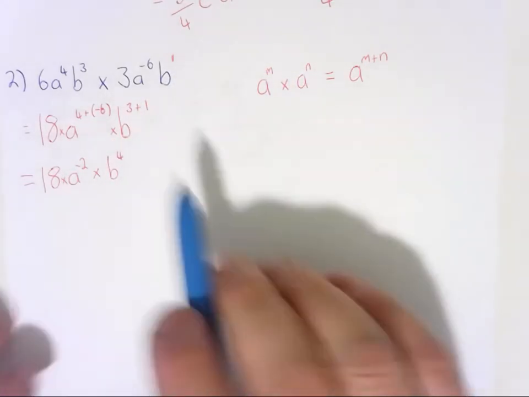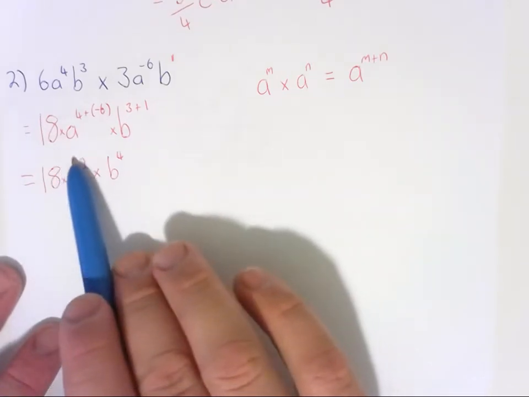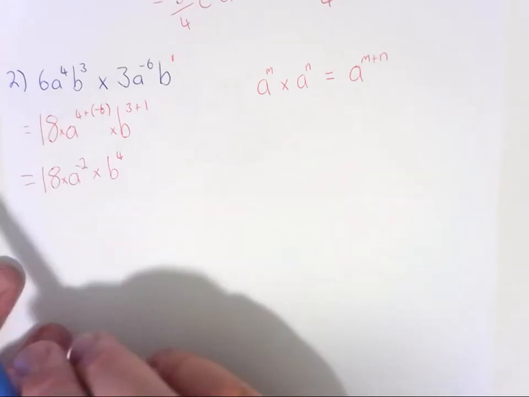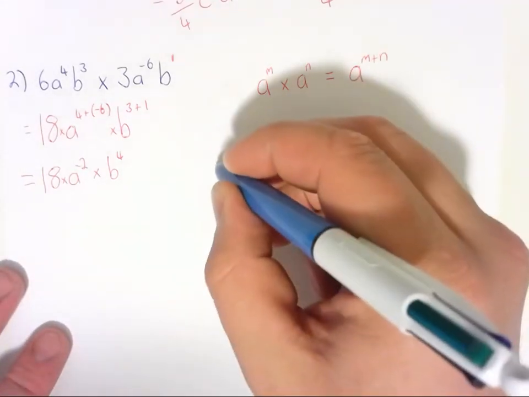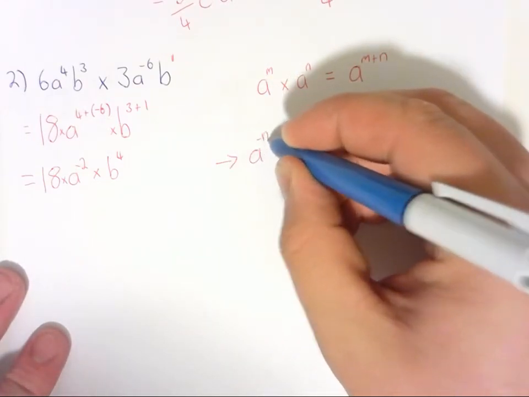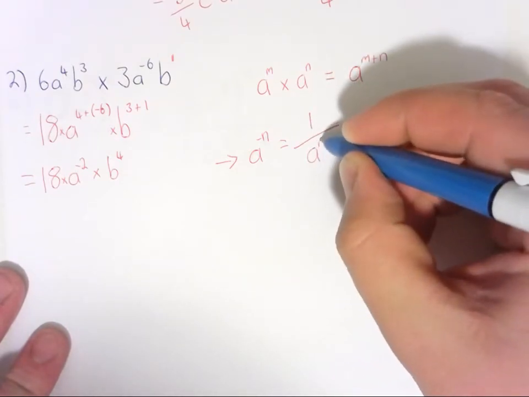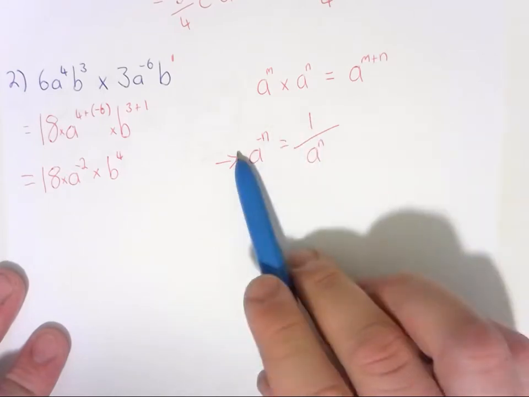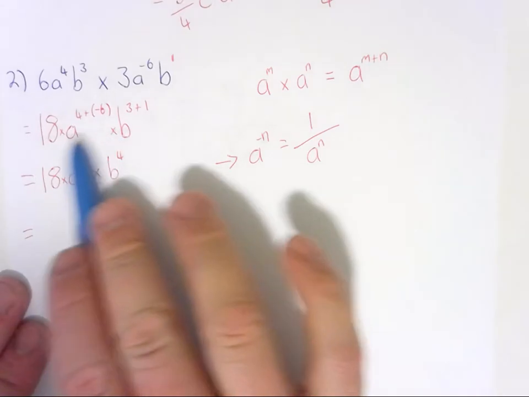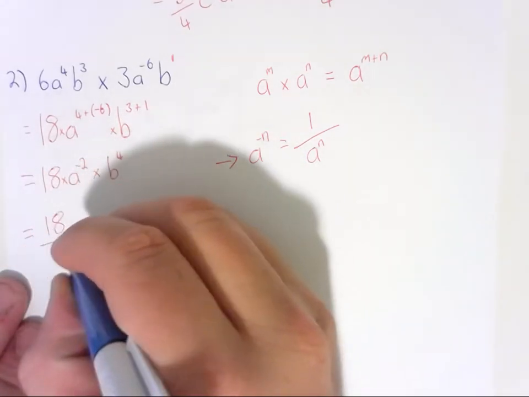Now, any of these answers you should be giving, we should not have a negative number here. We should never have a negative index in our final answer. If we remember one of our other index laws, if I have a number to a negative power, that is the same as 1 divided by a to that power, and that's how we eliminate that negative. Using our fractions, 18 is the same as 18 divided by 1.